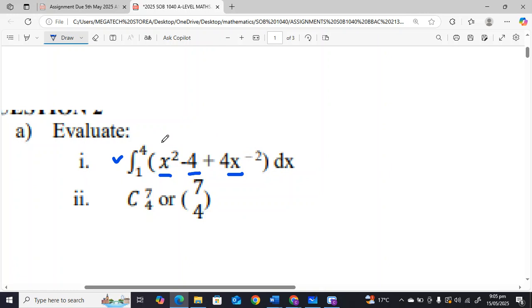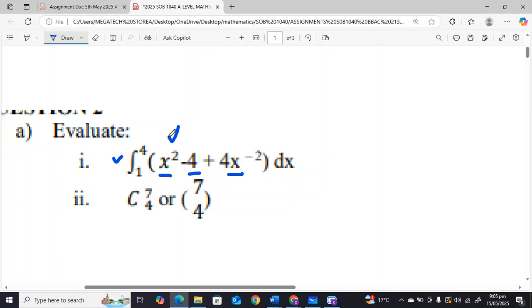This time there will be no plus c. When there's an upper and a lower limit, there is no plus c. We are starting to solve this question.